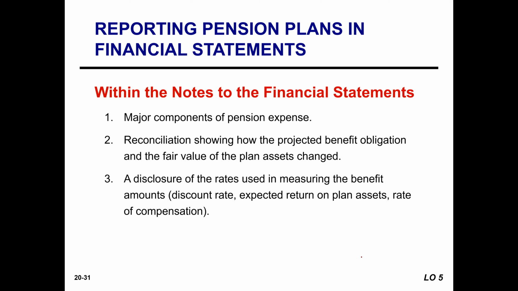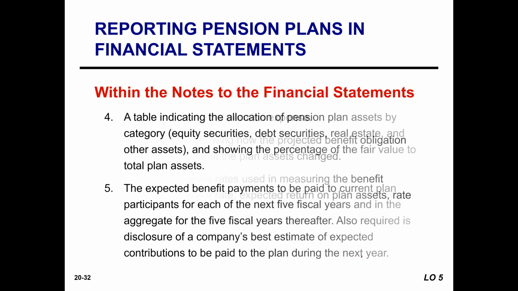Number two, a reconciliation showing how the projected benefit obligation and the fair value of the plan assets changed over the period. Number three, a disclosure of the rates used in measuring the benefit amounts: discount rate, expected return on plan assets, rate of compensation.